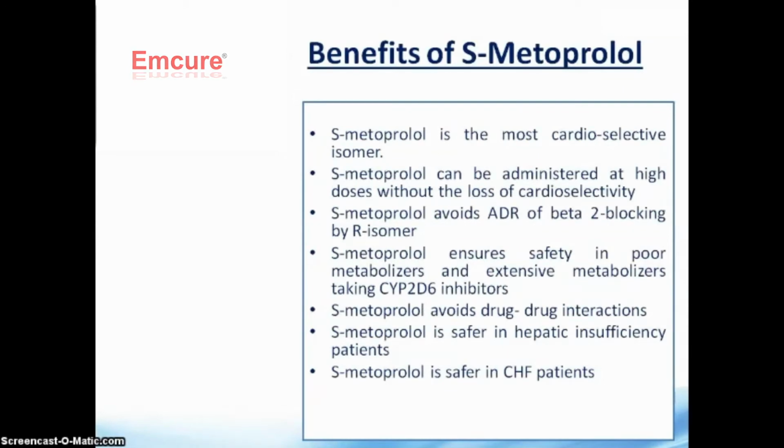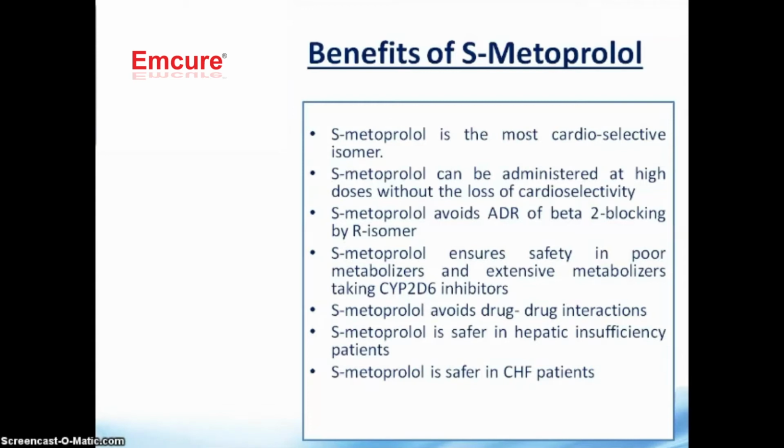Now we have discussed the advantages, so we talk about the benefits also. It is again a repetition. See the number of times I am repeating this, the differences. I hope that by the end of this session you will be thorough with S metoprolol. S metoprolol is the most cardioselective isomer. S metoprolol can be administered at high doses without loss of cardioselectivity.